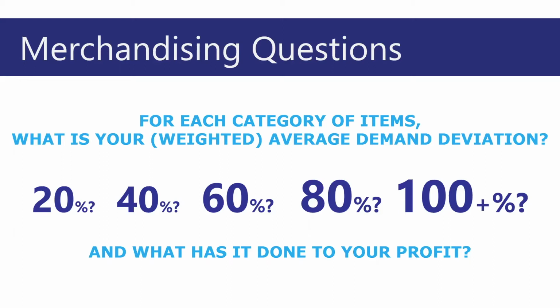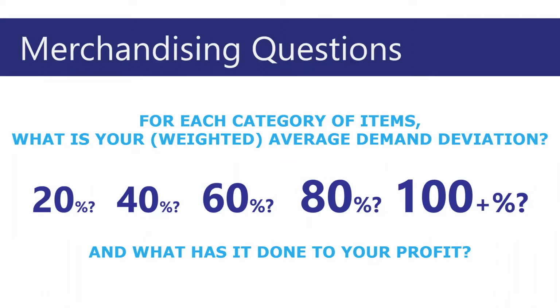Because you may have started with 5 items in the category, and then people have these great ideas and they add another one, and over time, there's suddenly 13 items in the category, and the average deviation went from 20% up to 55%. And what has that done? Have you really increased sales that much? Or has sales gone up really just a little bit? And what you've done is you increased inventory and the inventory expense.